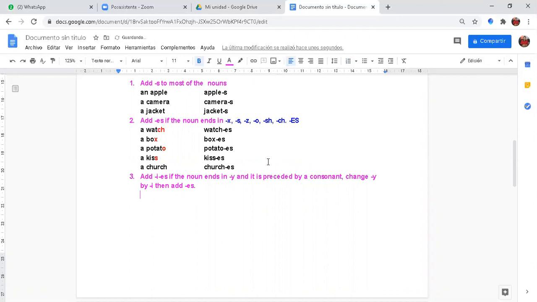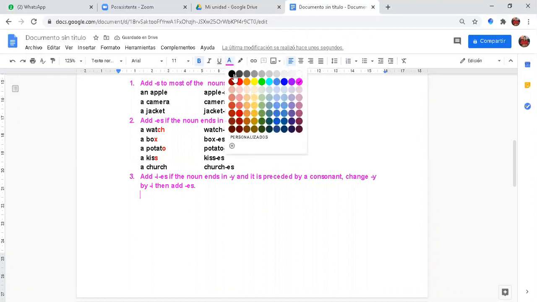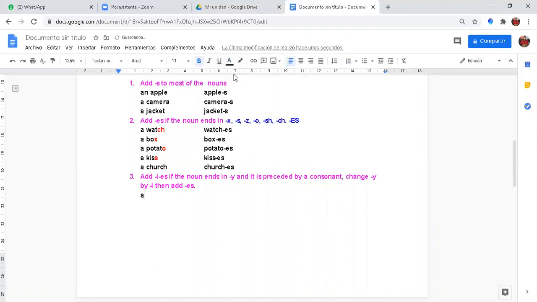We have secretary, a secretary, plural, secretaries. Secretary, secretaries.